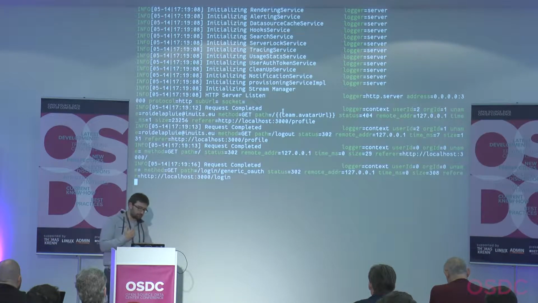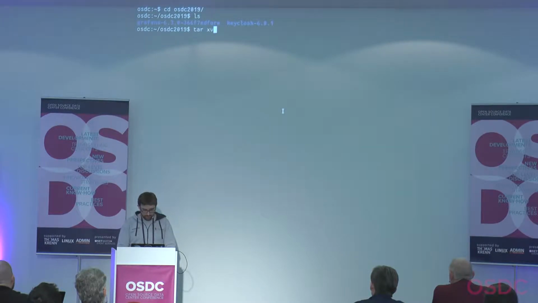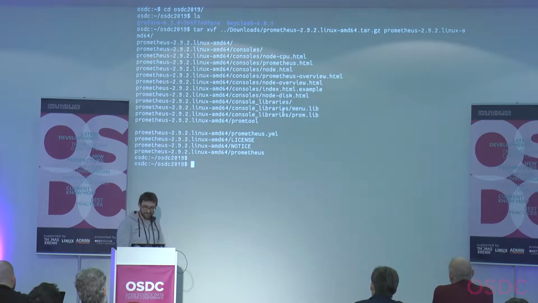Okay, so we have connected our first application. I have another application that I want to connect. And it's an application that does not support OpenID Connect, which is still most of the applications nowadays. So if I go to OSDC 2019, then I will, yeah.